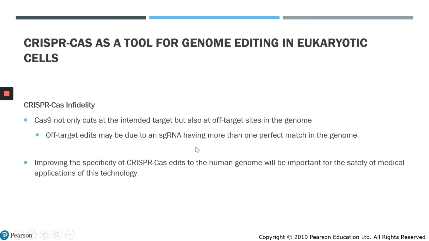Remember, the sgRNA has a 20 nucleotide targeting sequence, and although it's quite specific, it may potentially have off-target effects. And so we need to improve the specificity of these CRISPR-Cas9 edits in order to ensure that this technique is safe and so that it can be used in medical applications as well.